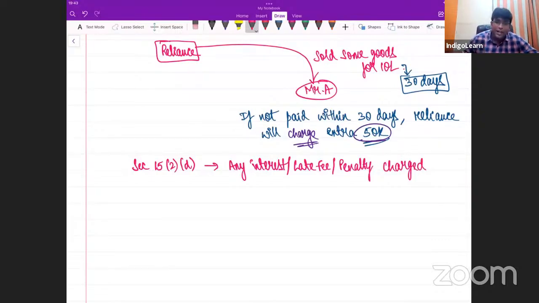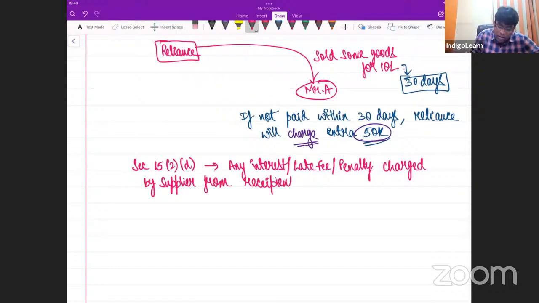Any interest, late fee, or penalty charged by the supplier from the recipient is included. Very, very interesting line. Come on, what is included, sir? Any interest, late fees, penalty charged by supplier from recipient will be included.